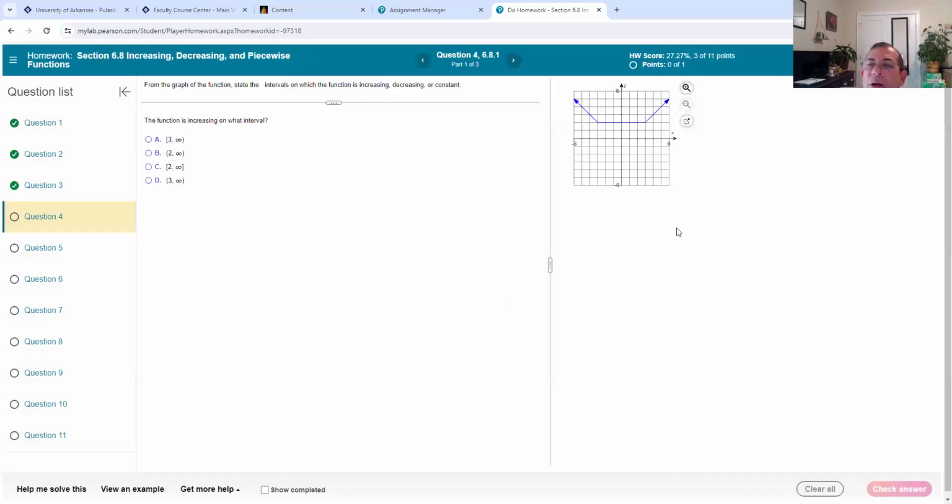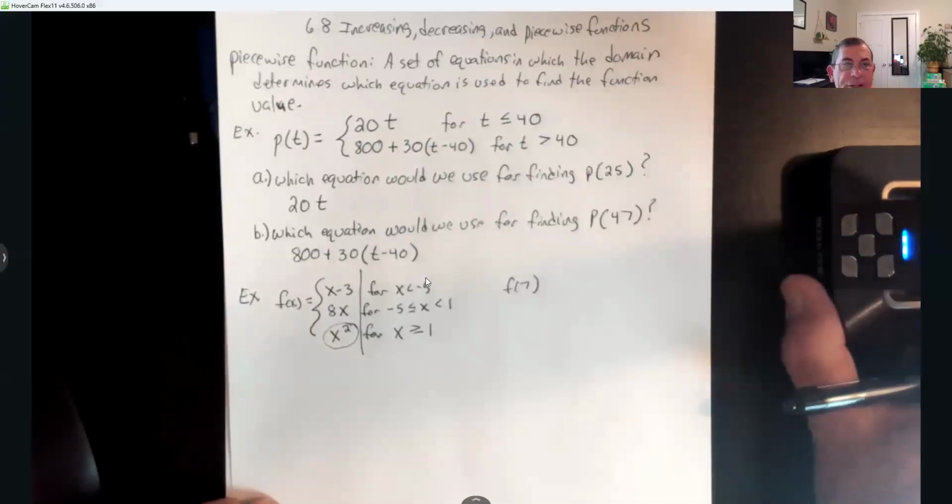All right, now, so y'all, the other day we started playing with intervals of increasing and decreasing. So let me go to my notes real quick and refresh this.